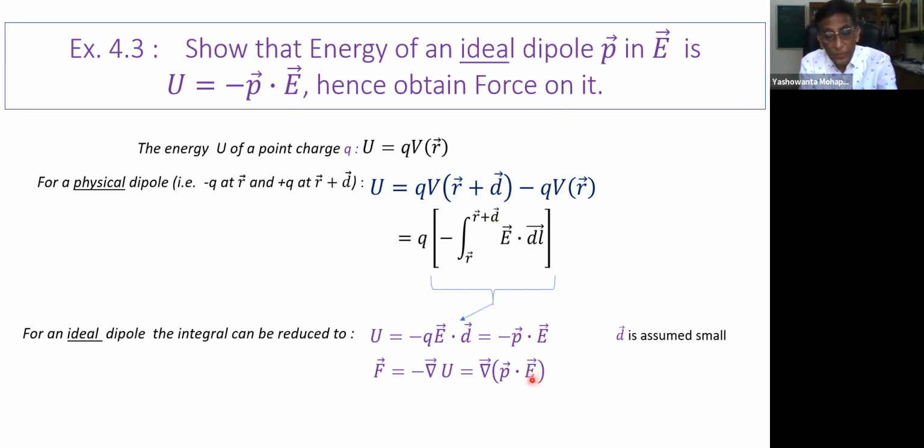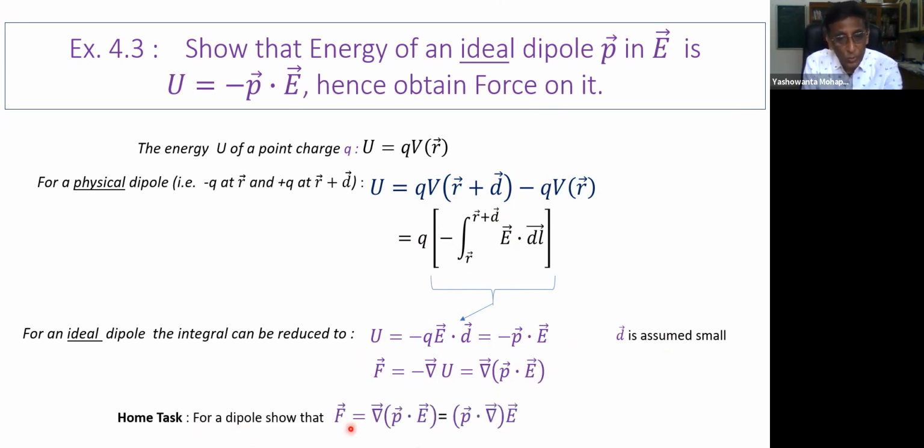Okay, and as a home task, you can show that in the last slide I said the force is this, and here I'm saying it is this. Please make sure that the two are actually the same. But most often we use this as the most convenient expression.